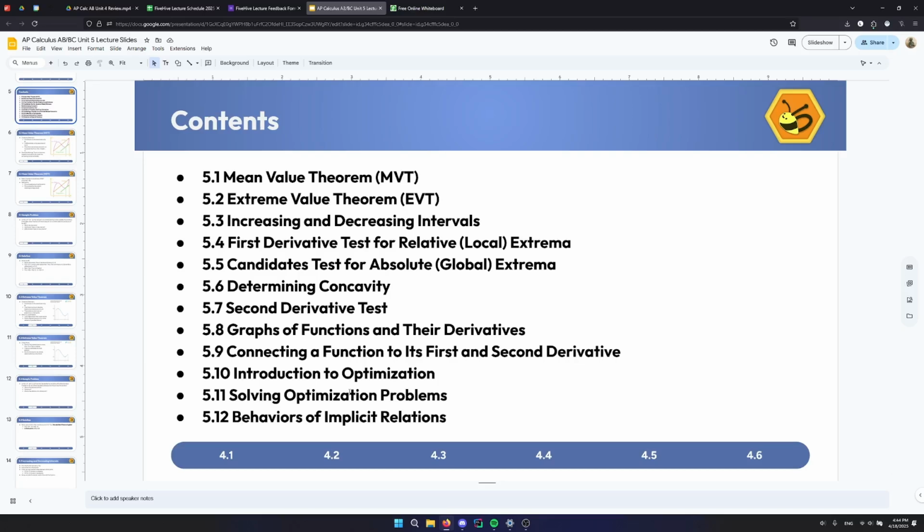So a polynomial is always continuous, so there are no discontinuities. However, a rational function, so is that like 1 over x? Basically if you have a fraction and there's something over x, let's say, then there may be a discontinuity.